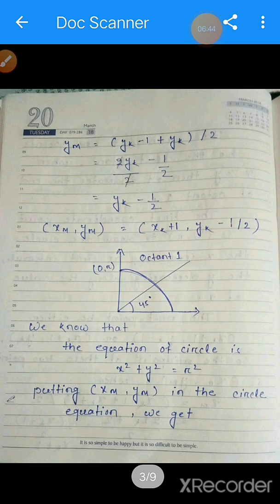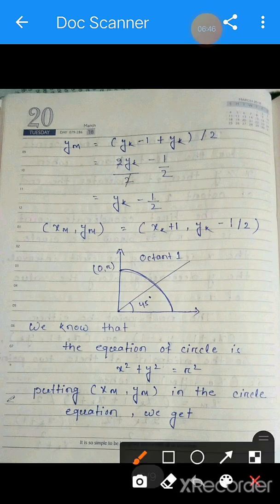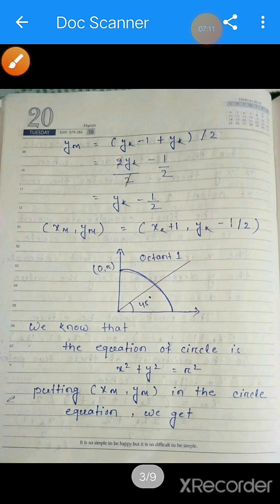Here the 2 and 2 cancel, so ym equals yk minus 1 by 2. So now we have found the xm, ym coordinate value: (xk plus 1, yk minus 1/2). That means here we found only octant 1.